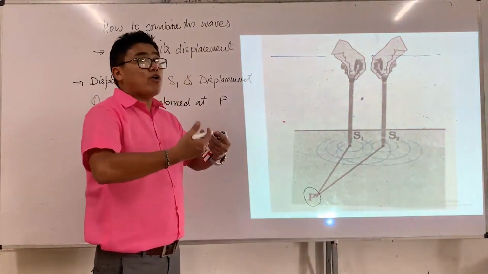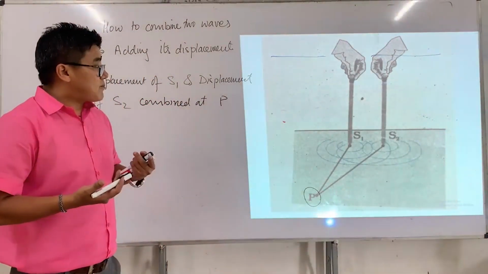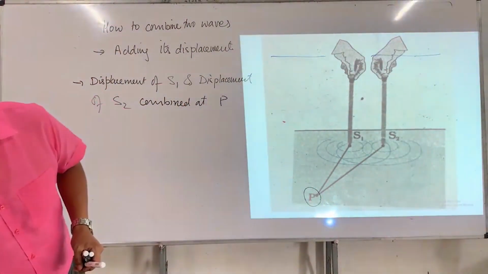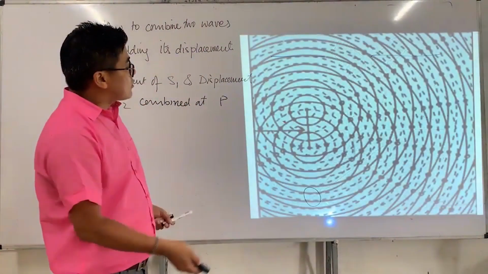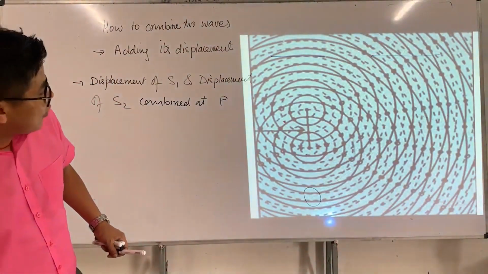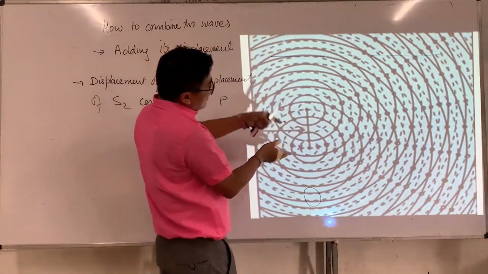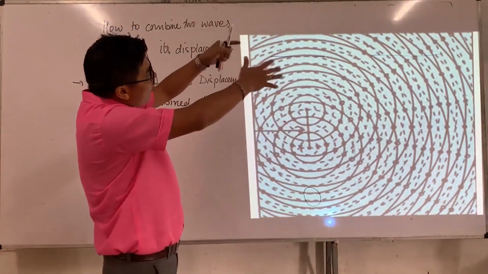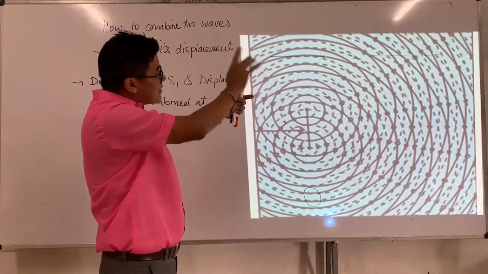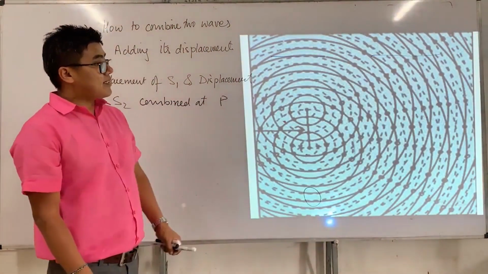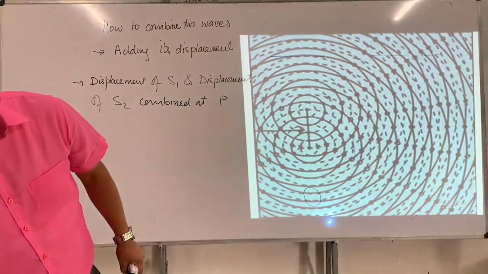This is how we get interference patterns, or how we add up. I'll give you another diagram. So this is what we are going to get. I disturb the waters coincidentally, and this is how the waves go away and interfere with each other. This is the diagram which we have.